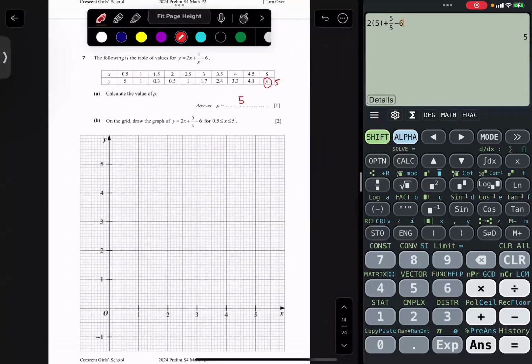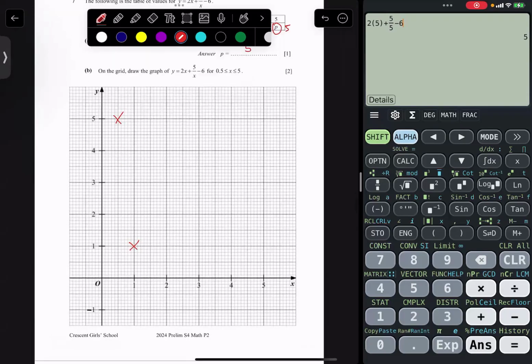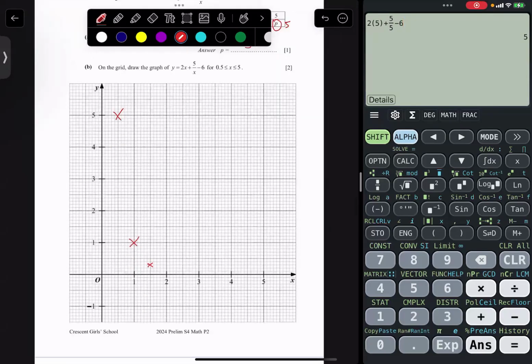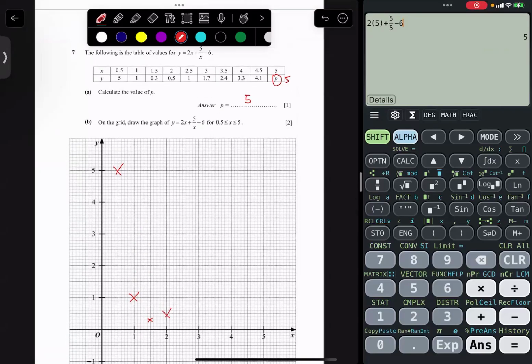Okay. On the grid, draw the graph. So 0.5 and 5. Okay. 1 and 1. 1.5 and 0.3. Okay. And 2 and 0.5. 2.5 and 1. 3 and 1.7. 3.5 and 2.4.